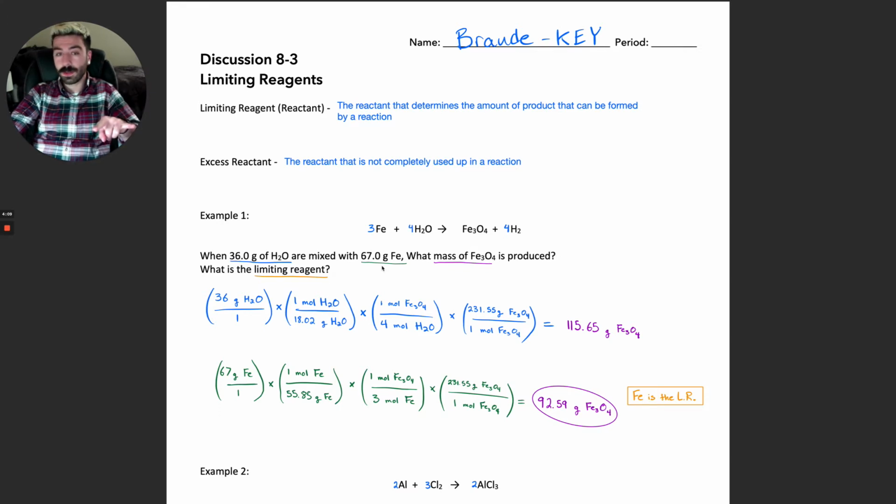Mass of iron oxide is what I'm looking for, so I underlined that in purple so you could see when I was working with mass of iron oxide. And then the limiting reactant, I like to underline that at the end just so I don't forget to answer that question. I underlined that in orange. It looks kind of yellow on here. And again, just so you could see what corresponded with what part of the question. I'm not expecting you to do this at all, but I think it's helpful to at least look as we're learning.